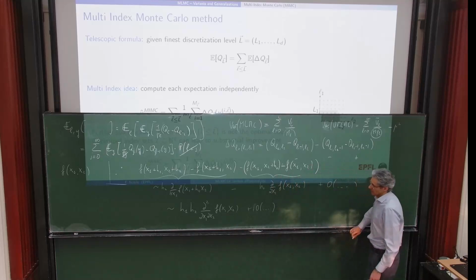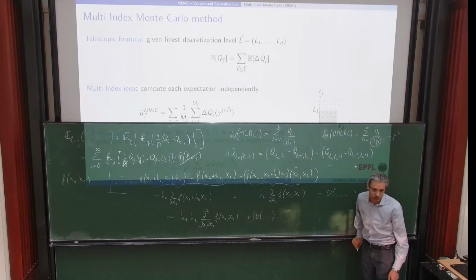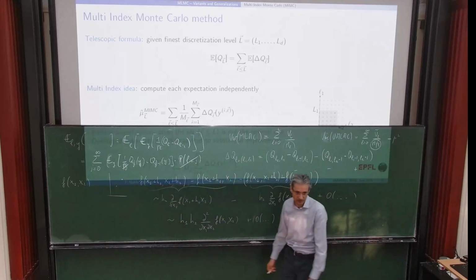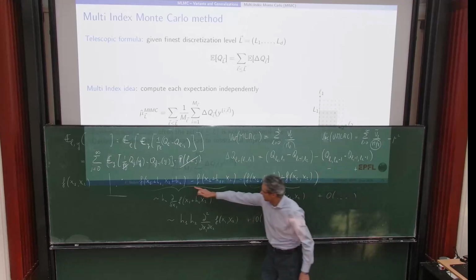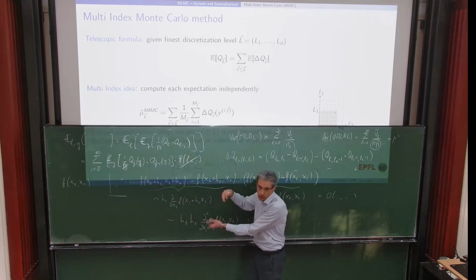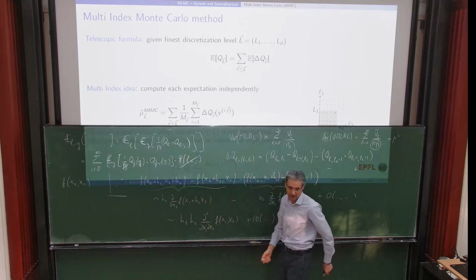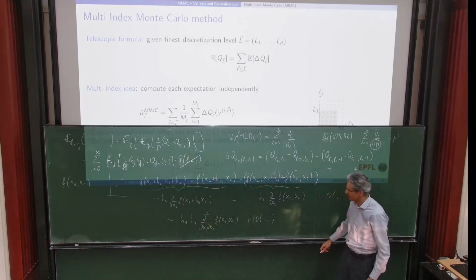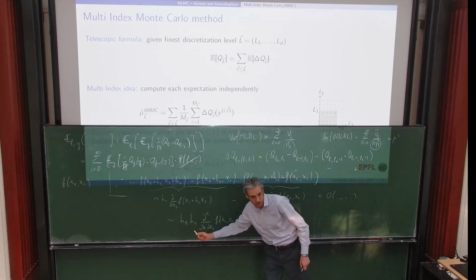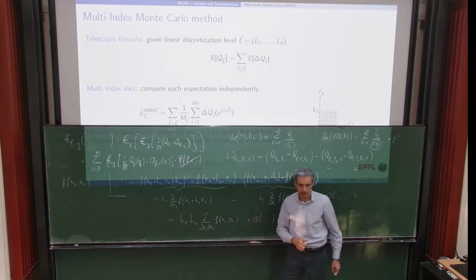So what this simple example shows is that if you take this double difference just on the evaluation of the function, the single difference scales like h2 or h1, depending on how you order the difference, which difference you take. But the double difference scales like h1 times h2. So it's a product of the two, right?